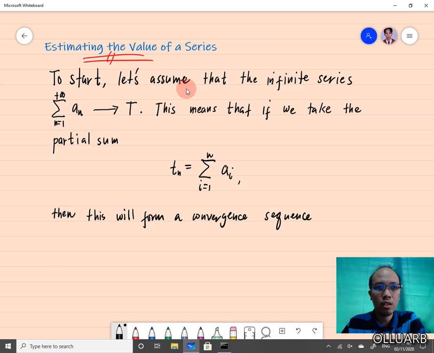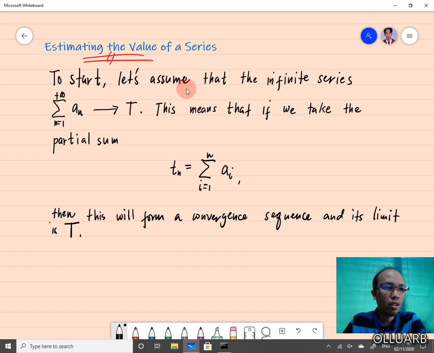This is just like our discussion before, and its limit is t, the t here above.